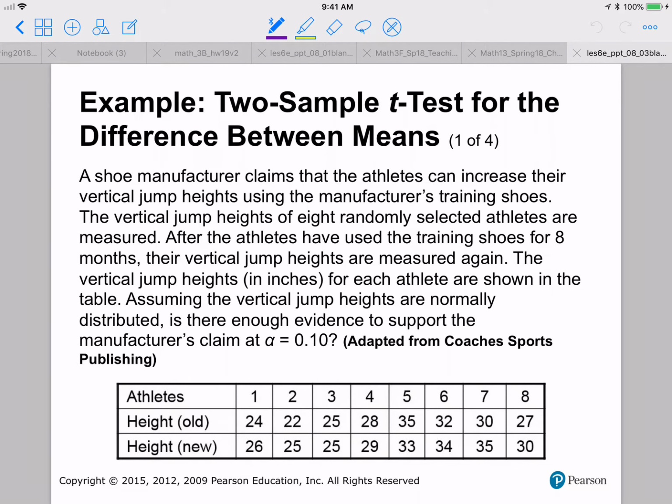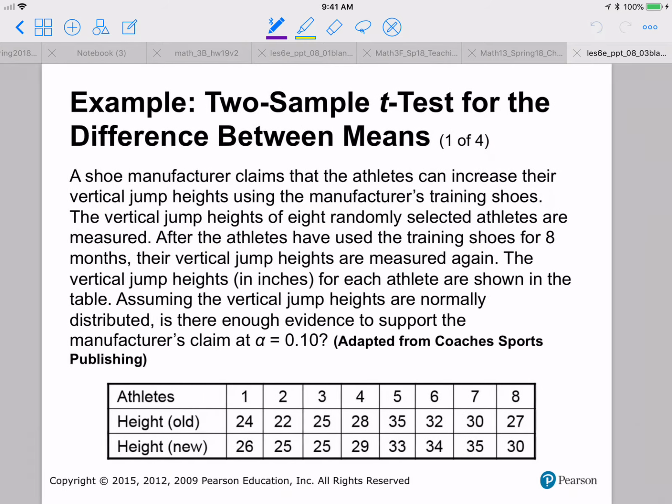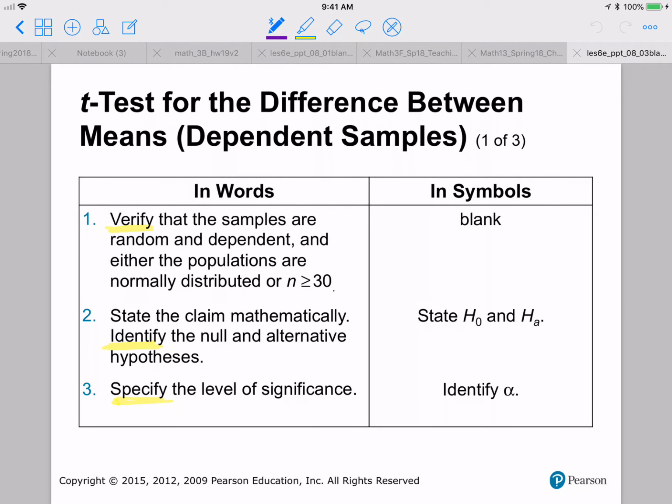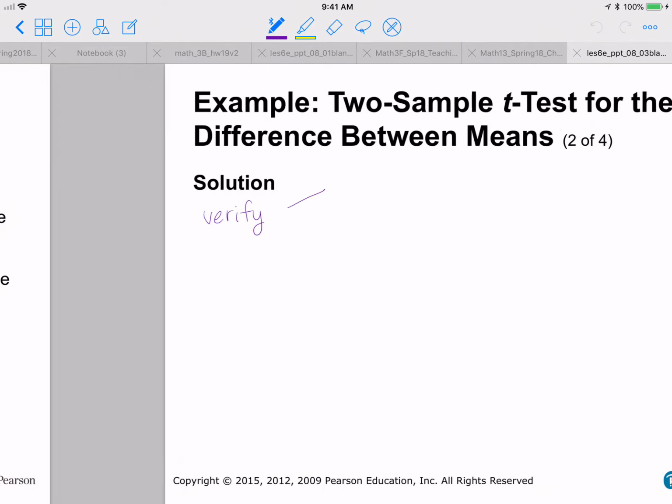Okay, so here's what we want to do. The first thing we want to do is let's try to verify. Now, what are we going to need to verify? We need to verify that the samples are random, the samples are dependent, and the population is normally distributed, or n is greater than or equal to 30.